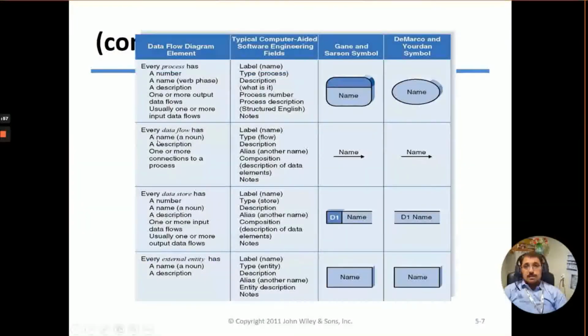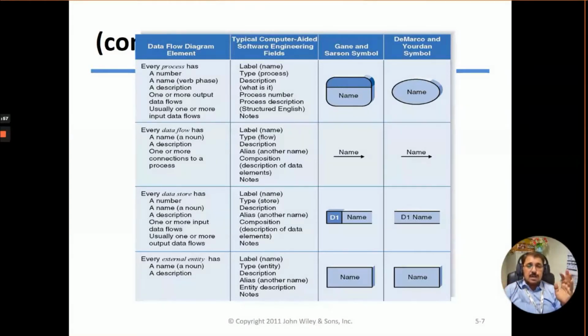Okay, next one. Now we are going into much more detail: if we want to represent a process, which diagram we will use and how we will name it. If we want to show data, or a data store and an entity. You see, there are only four things that you should learn in the whole chapter.